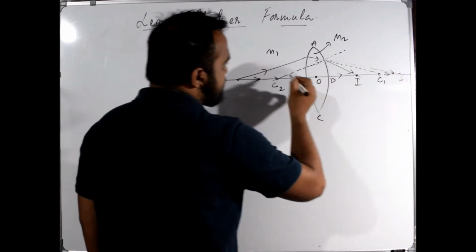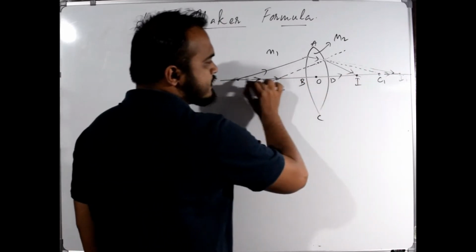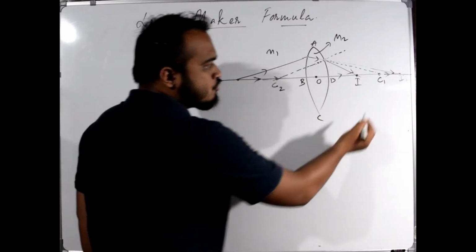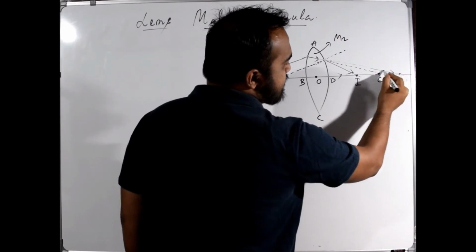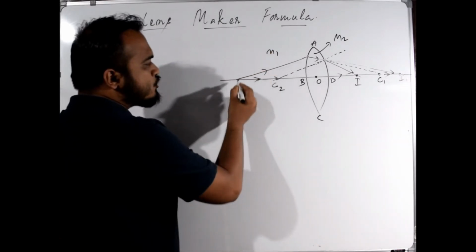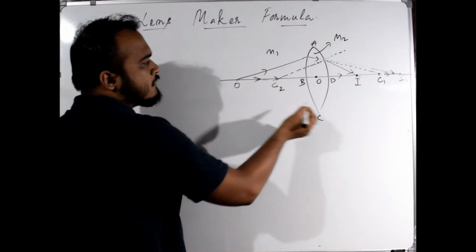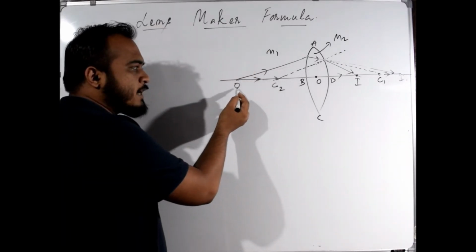These two rays are meeting at this point, so this will be the image of this object. That is, I1 will be the image of the object O.